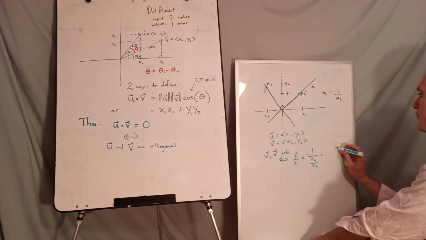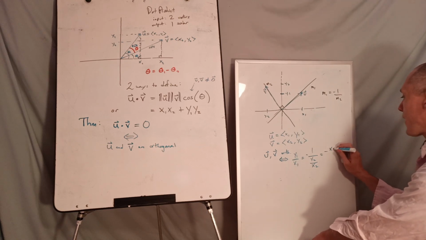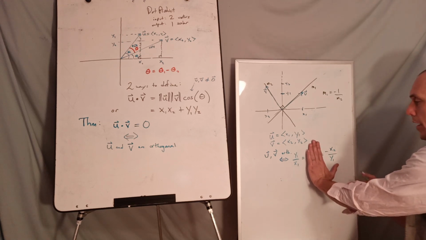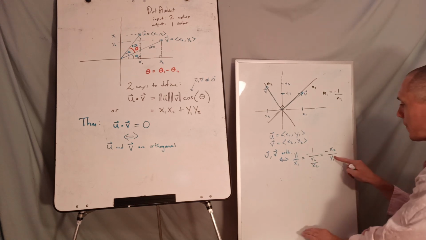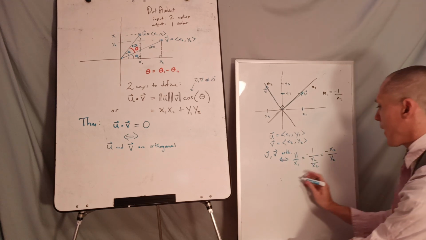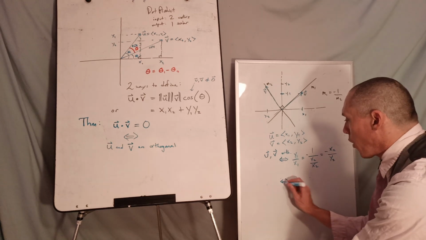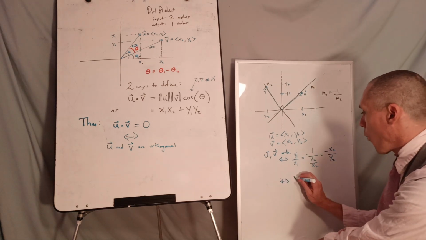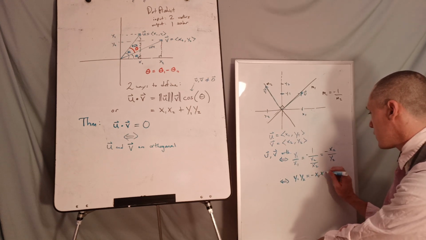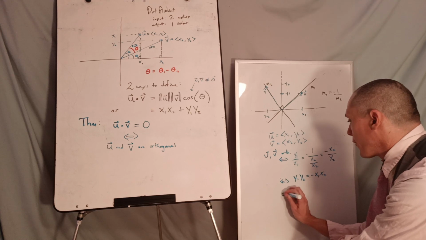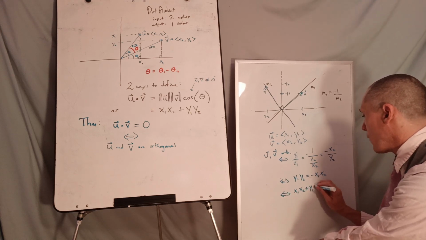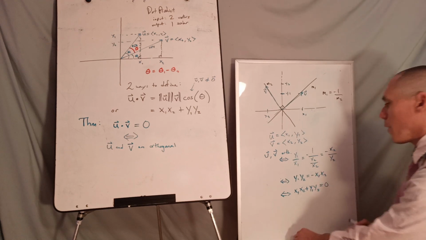But that, of course, if we just flip it and multiply, is negative x2 over y2. So omit the middleman here and cross multiply. And this will be true if and only if your y1 y2 is equal to negative x1 x2. But that's true if and only if x1 x2 plus y1 y2 is in fact equal to 0.